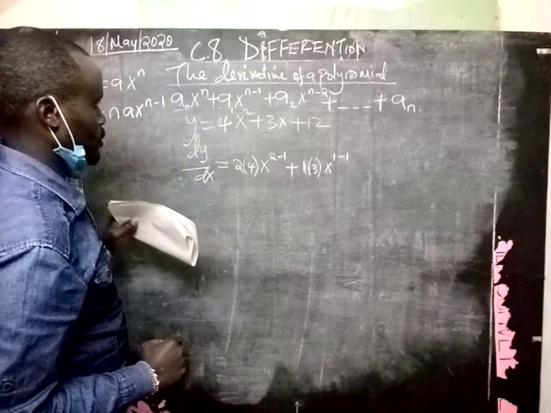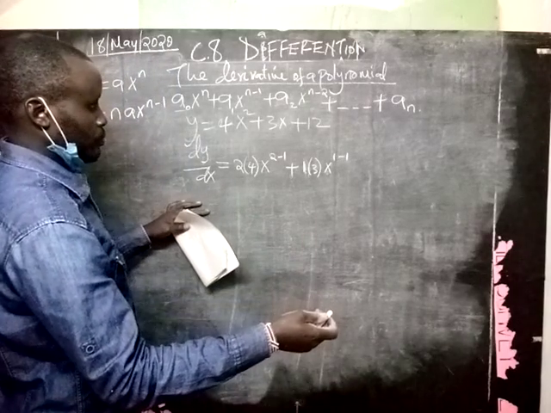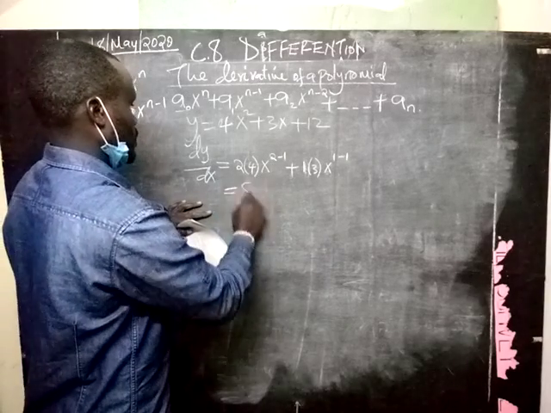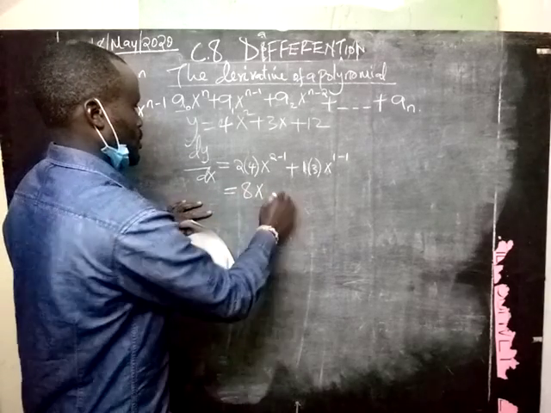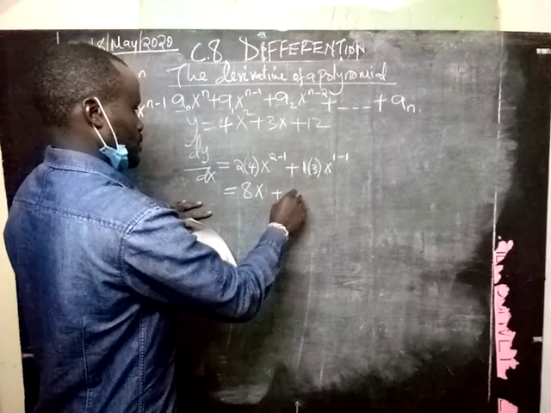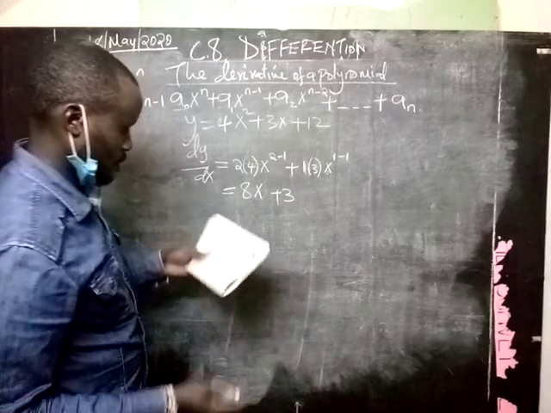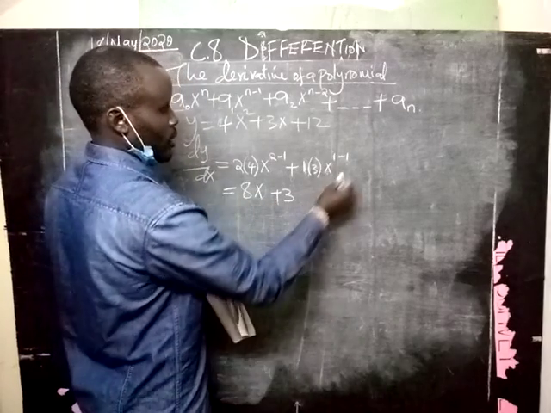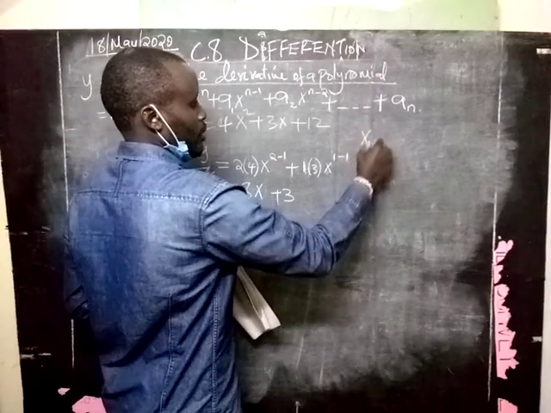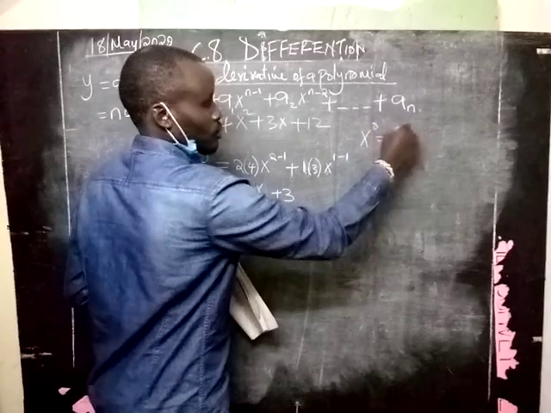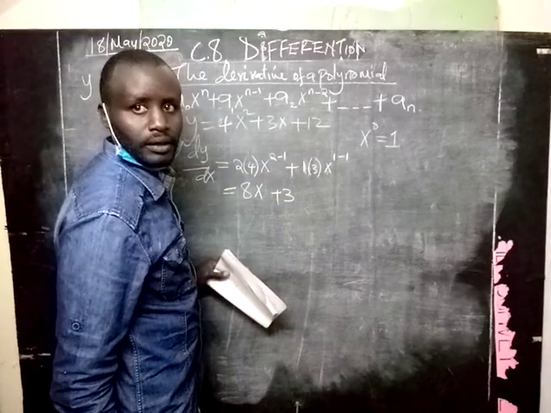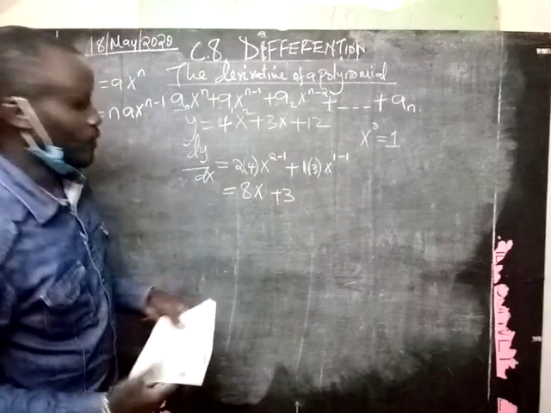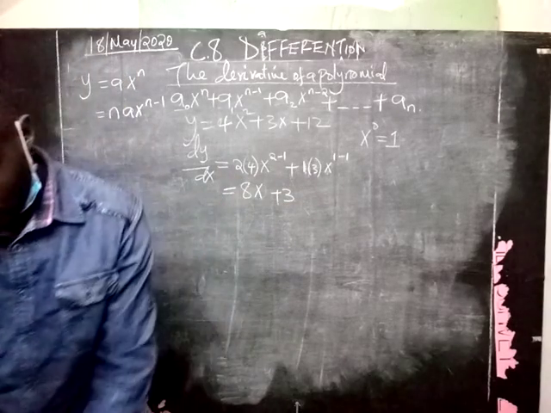So we'll have 8x plus 3. The reason is that any number raised to 0 is equivalent to 1. We know that. So that is why we have 8x plus 3. That is how to find the derivative of a polynomial.